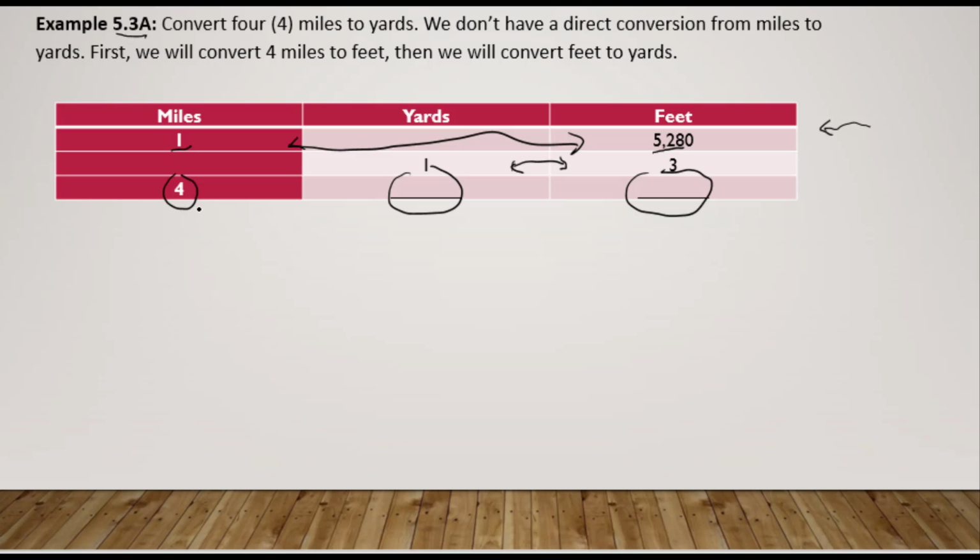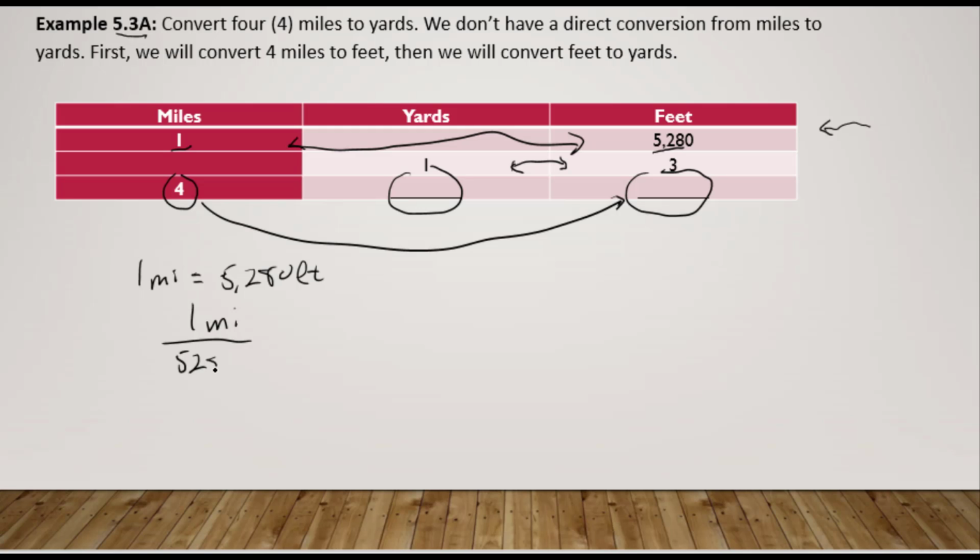We could first convert miles into feet because we have a conversion for that. So I'm going to write out the conversion I have: 1 mile is equal to 5,280 feet. I could write that as a ratio this way, or I could write it this way. Just flip it.